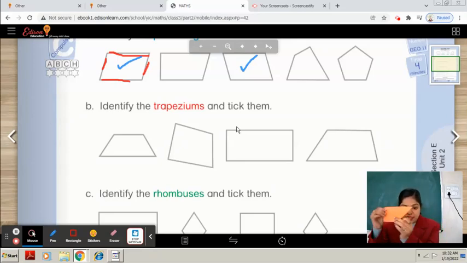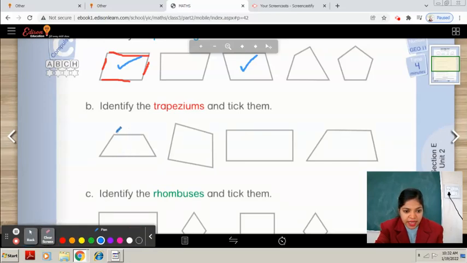You can see in the first, this line is parallel to this line, but this line is not parallel to this line. So it is a trapezium, right? So we will tick on it, right, students?